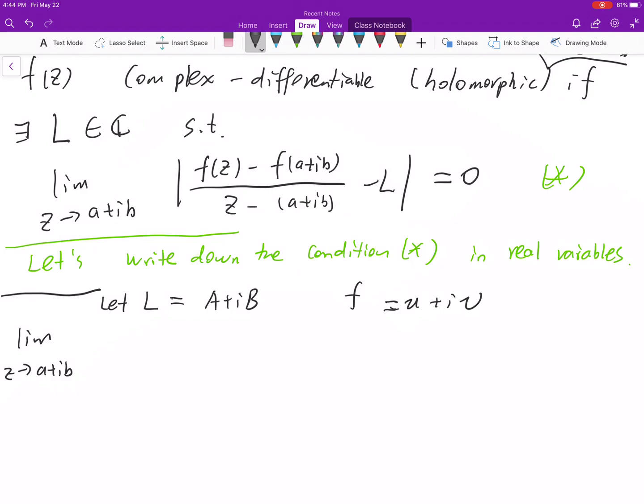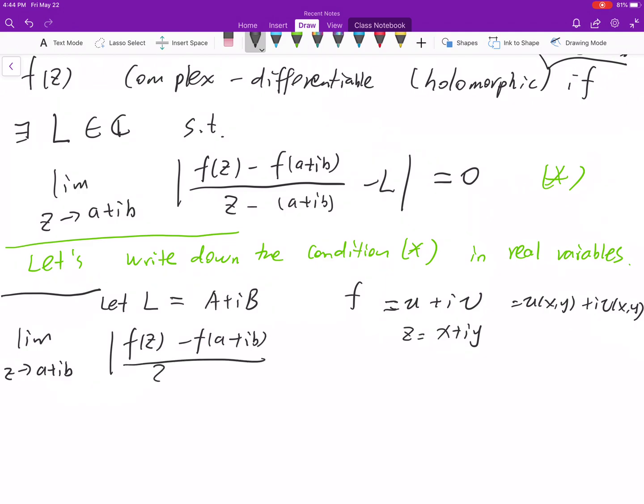Then what do we have? u(x,y) plus i v(x,y), where z is x plus iy. We put everything in real variables. And then let's compute the limit of this quotient.